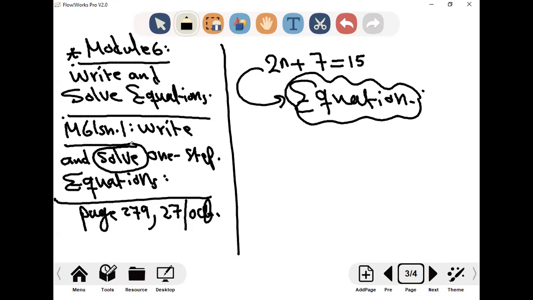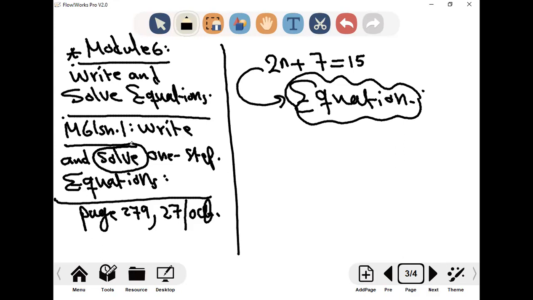Again, solving an equation means to find the value of the variable in that equation. So from now on, when I tell you solve the following equation, you need to find the value of that variable. Because equation means it has a variable. Solve equation means find the value of the variable.